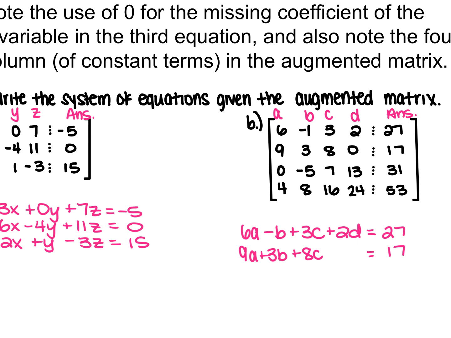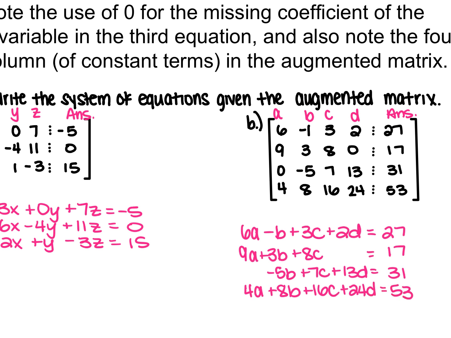Then we have 0a minus 5b plus 7c plus 13d is equal to 31. And 4a plus 8b plus 16c plus 24d is equal to 53.